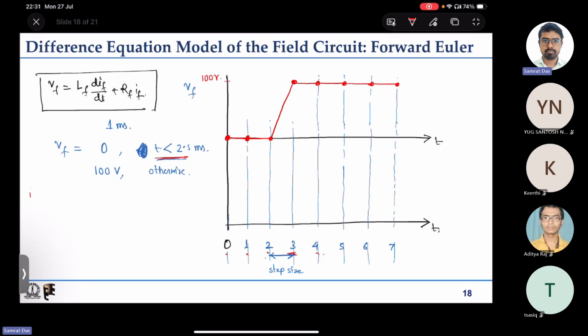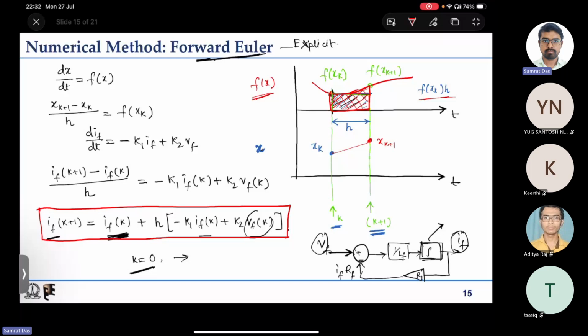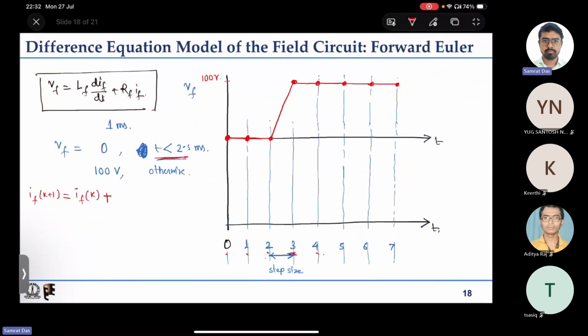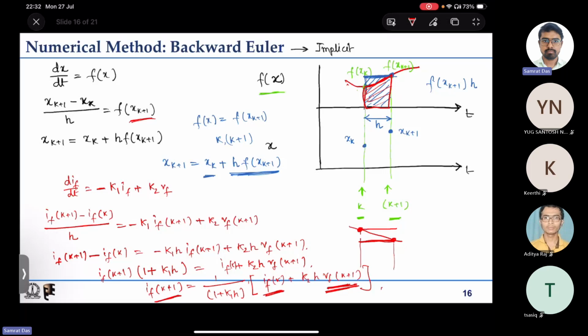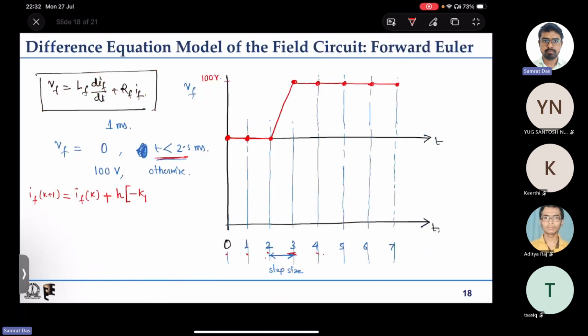Using the forward Euler method, IF k plus 1 is obtained by IF k plus h, that is nothing but the step size, multiplied by minus k1, that is a constant, you remember, Rf by Lf, that is k1 into IFk plus k2 into VFk.